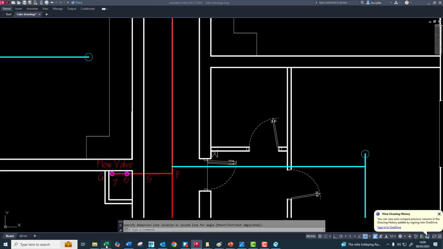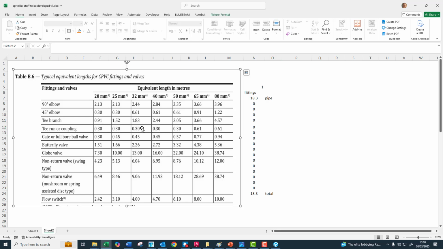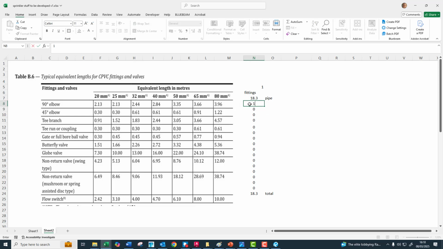So let's go back onto this fella. 5 T's, T branches. Now we're on to 32, so it's 1.83, 1.83, 1.83, 1.83, 1, 2, 3, 4.